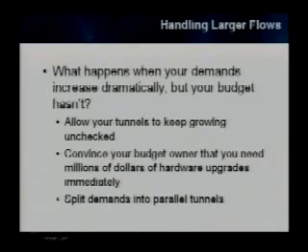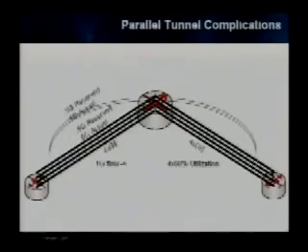You can convince your budget owner that you need to forklift your entire network, or you can split your demands into parallel tunnels. So usually most people will take option C there, but it's not a magic bullet. So this is a possible scenario that you can run into. I don't think it'd be too uncommon.